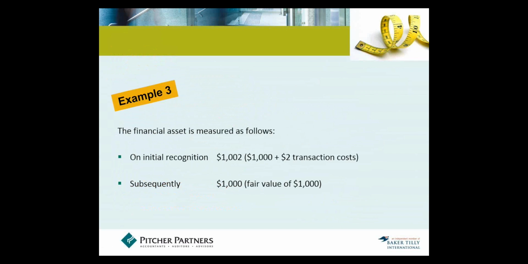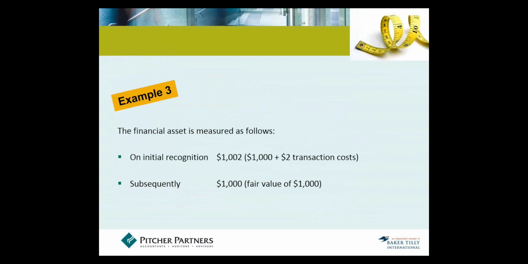So if we think of this one, what would the journal be? On initial recognition, we would say debit investment in shares, $1,002, credit cash, $1,002. At the end of the year, subsequent measurement of this financial asset is fair value. So we have to say credit that investment with 2 because it has to be at fair value of $1,000. What do we debit?